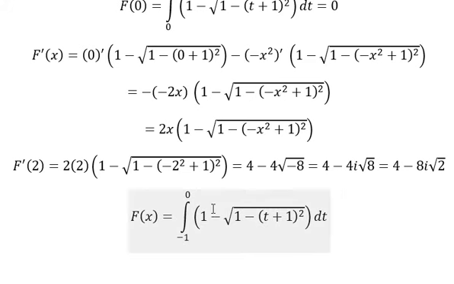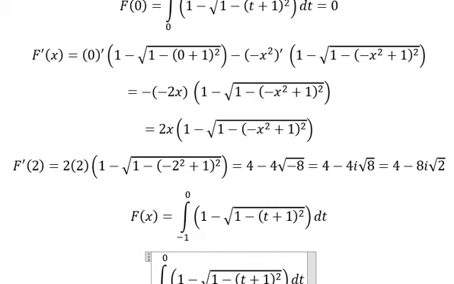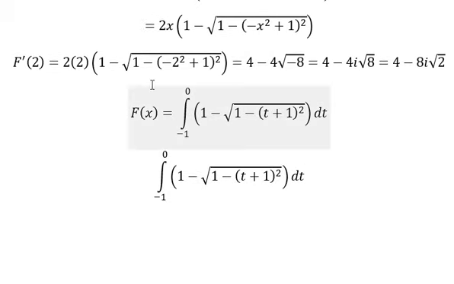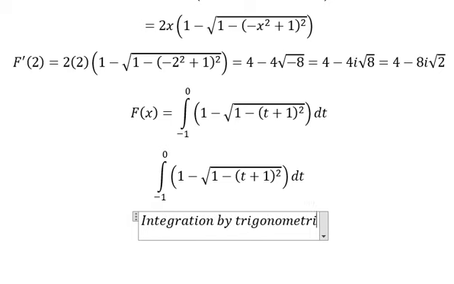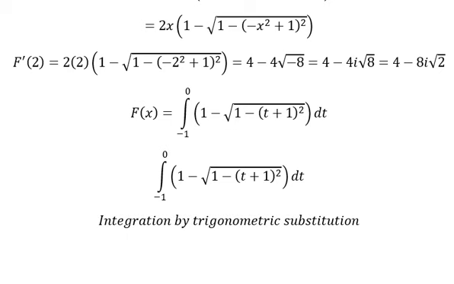Now we need to find the value of this integration. So we can use integration by trigonometric substitution.